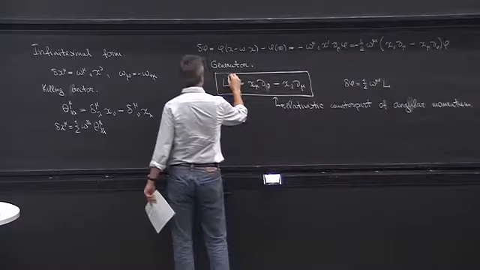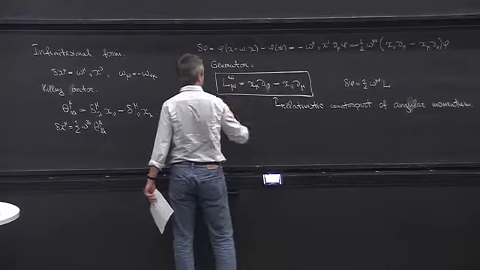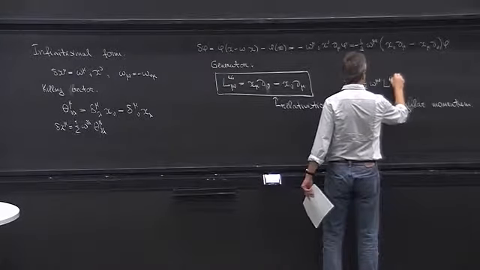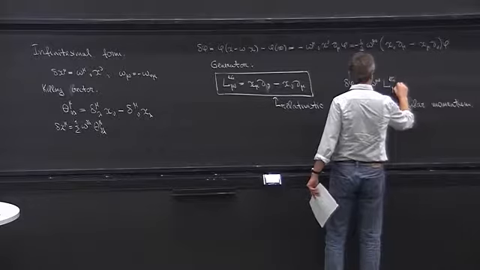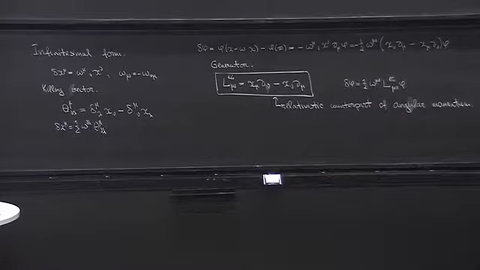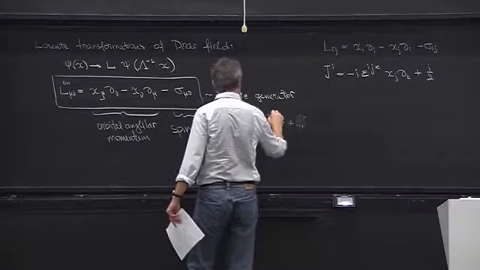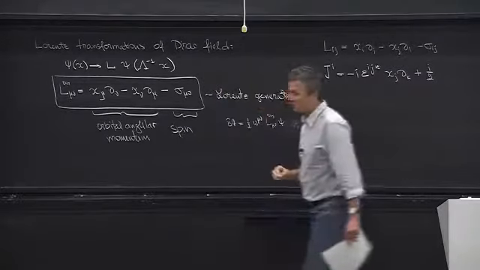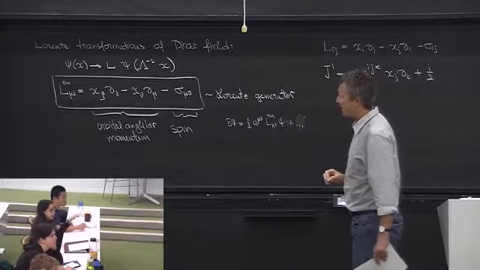So let's call this L Klein-Gordon, and this is L Dirac. And right above where you wrote Dirac, on the line immediately above, this psi of x goes to L psi.